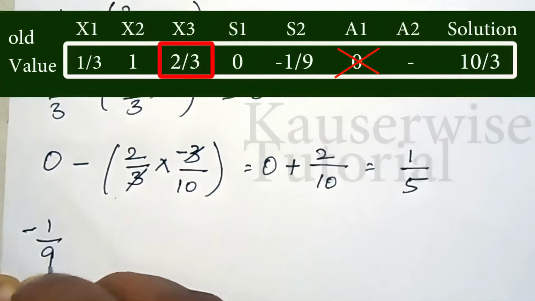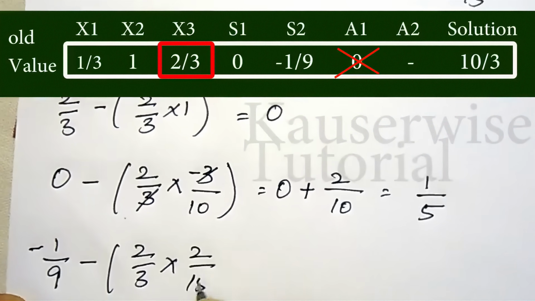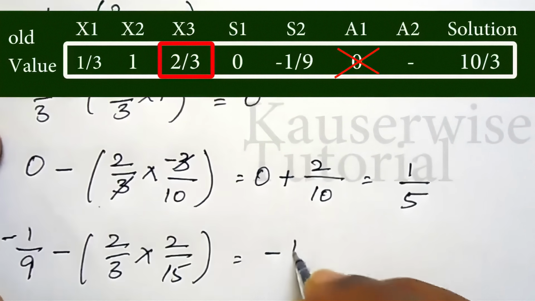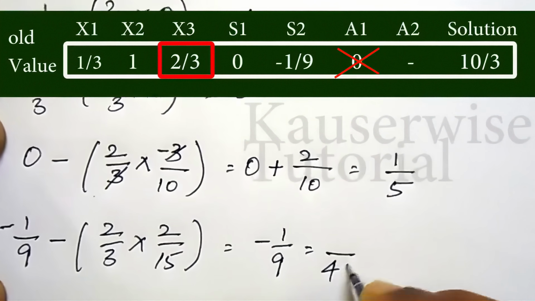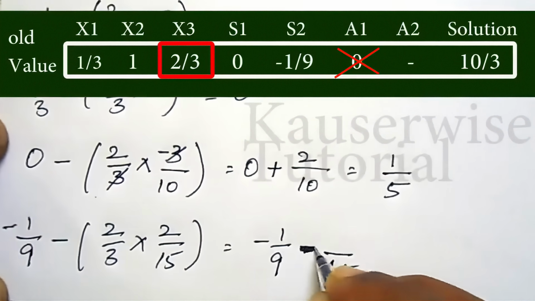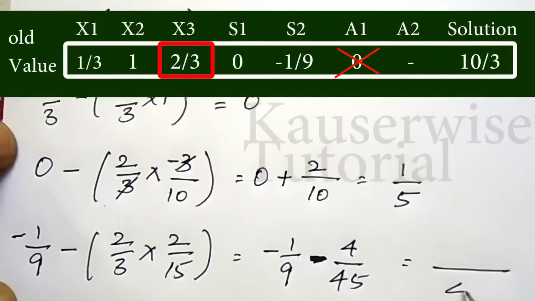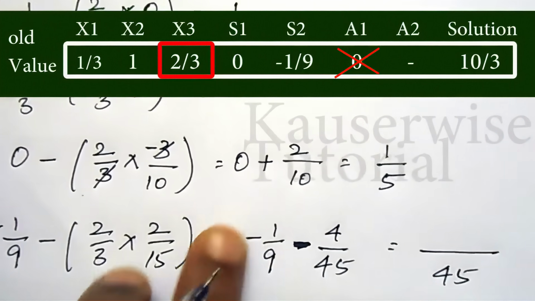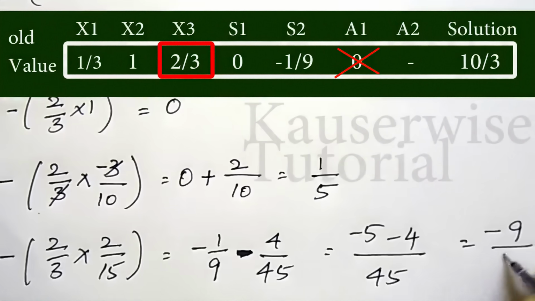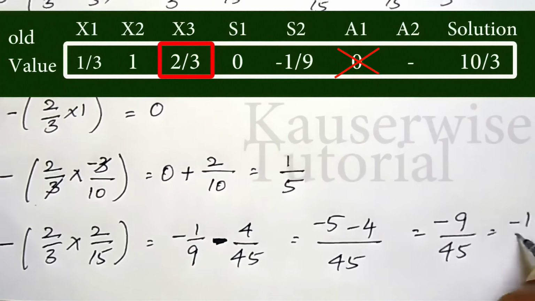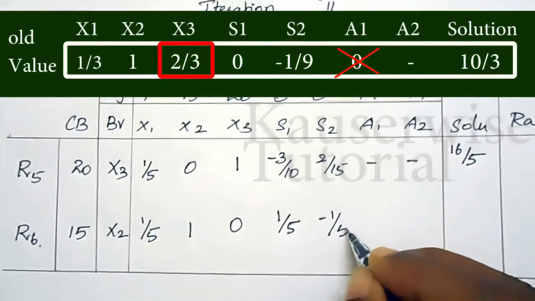Minus 1 by 9 minus 2 by 3 into 2 by 15. So minus 1 by 9 minus 4 by 45. LCM is 45: 5 times 1 is 5, minus 5 minus 4, minus 9 by 45 is equal to minus 1 by 5. The answer is minus 1 by 5.